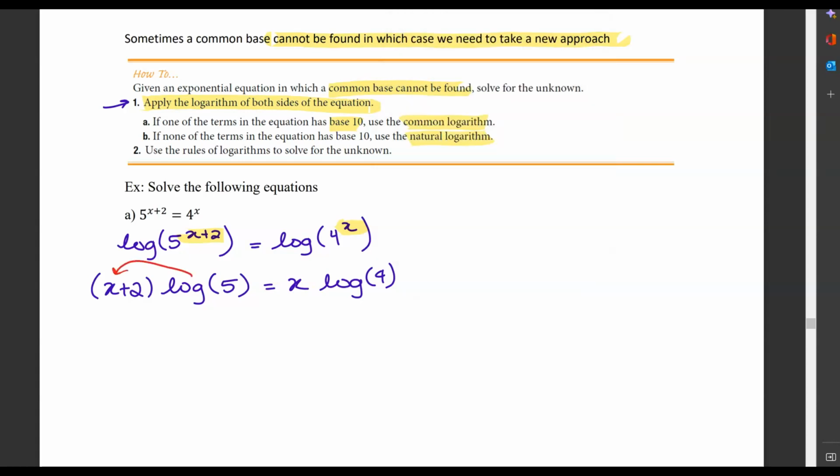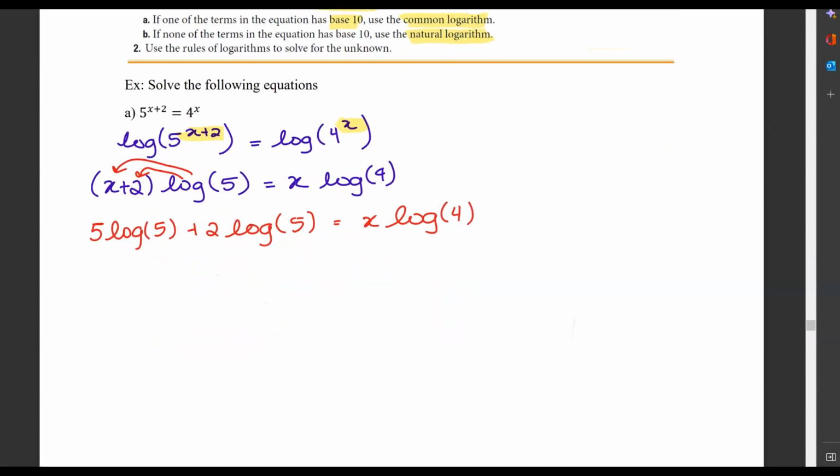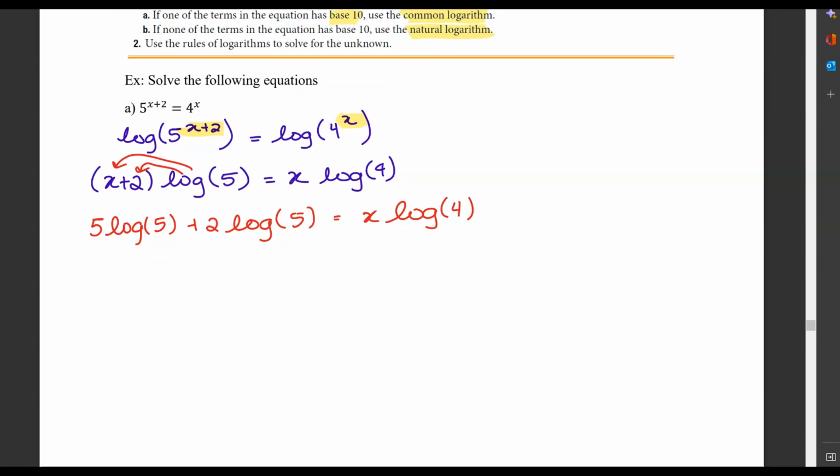We're going to distribute the entire logarithm. So we're going to get x times log 5 plus 2 times log 5 is equal to x log 4. Okay. Oops, this is supposed to be an x. I don't know how I accidentally dropped that.